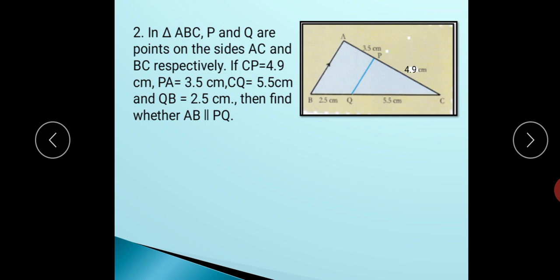This is based on the converse of BPT. If ratios are equal, then only we'll get PQ is parallel to AB.